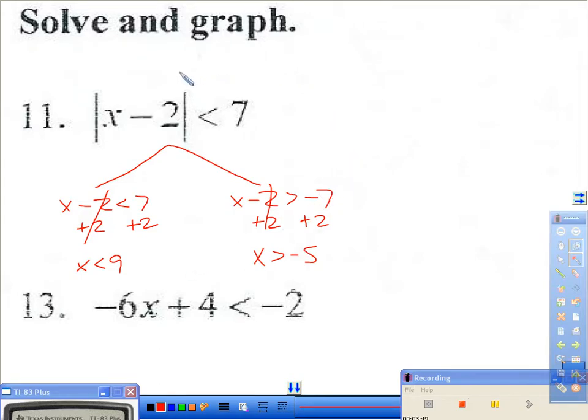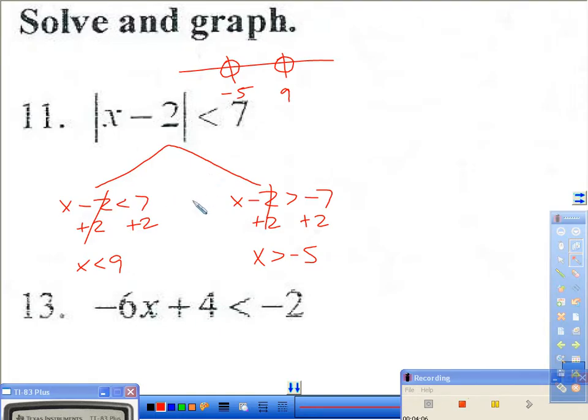So if we graphed that, we know we're going to plot both of those points on the number line. Since our negative 5 is less than 9, we'll put it on the left, and we'll put the positive 9 on the right. Since our inequality symbols are just less than, they're not less than or equal to, we're going to have open dots on those points, and then we need to decide if we're going to shade between those points or on the outside of those points.